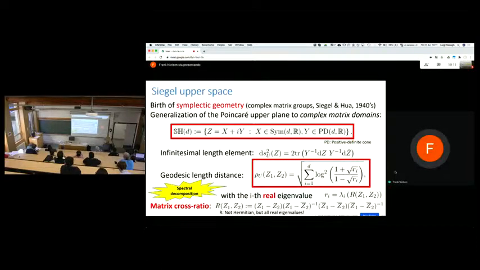So we have the square root of the sum of log squared of r_i, where r_i is a real eigenvalue of this quantity R of Z1 and Z2, which are the two complex matrices from which we want to compute the Siegel distance. And we compute the equivalent of the matrix cross-ratio here. And although the matrices are complex, R has all real eigenvalues, but it's not Hermitian.